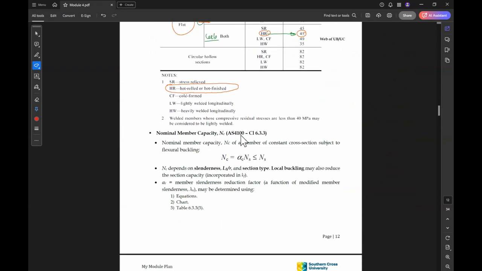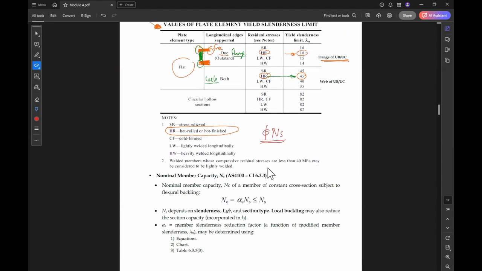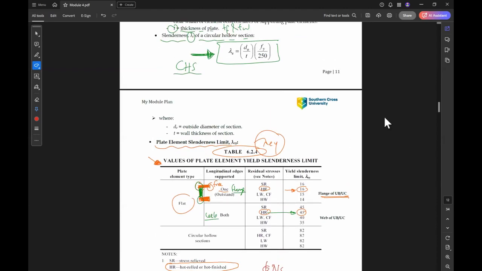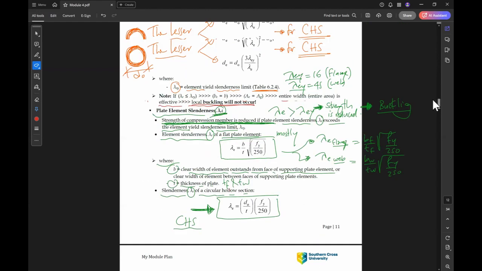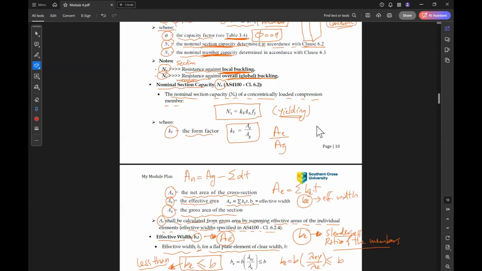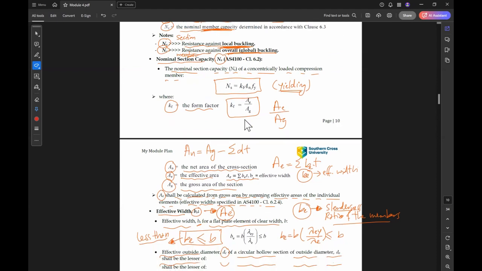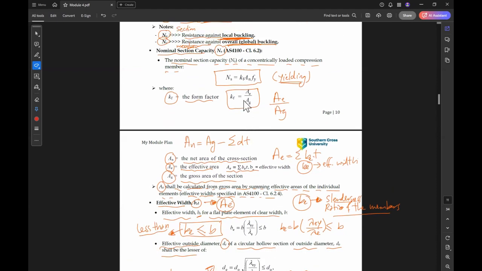So now, after we find NS, we can find phi NS. So the next step is to find NC. Okay, so just to quickly return back to the initial formula here. After we get area effective, we divide by area gross, so we can find KF, or the form factor.